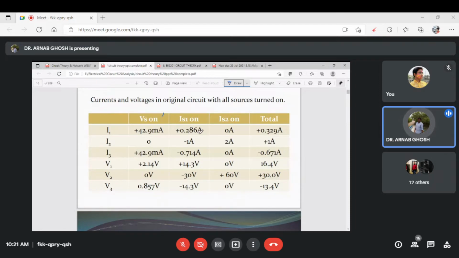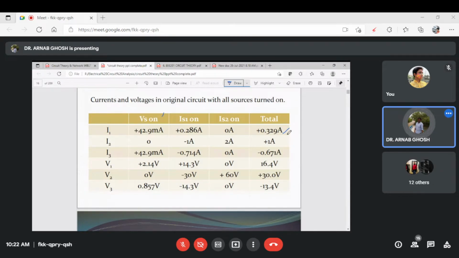So if you add up 0.286 ampere and 42.9 milliampere, convert this into ampere, you are getting this as 0.329 ampere. So with all the sources turned on, the currents and voltage across each circuit element will be like this.